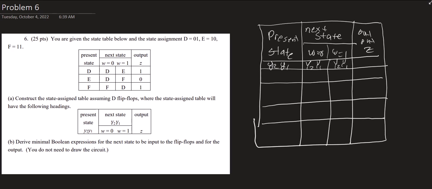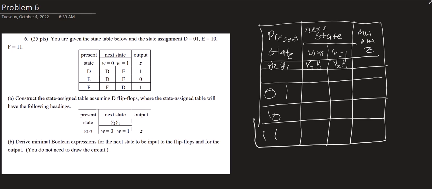So in the table that you're given, you have letters D, E, F, and they tell you to use 0, 1 for D, 1, 0 for E, and 1, 1 for F. Now, we want to put in something for every possible 2-bit number.